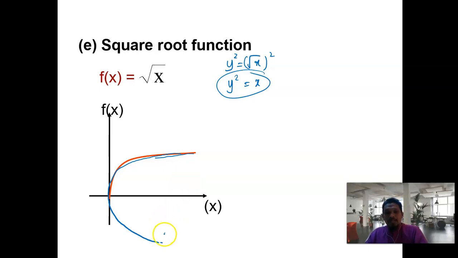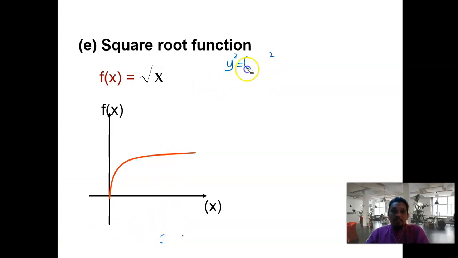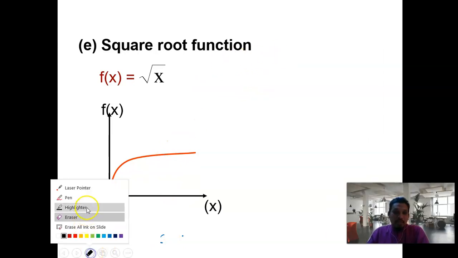This is the graph of x equal to y squared. But now we are talking about the square root function, and square root is just half of it, the graph of f(x) equal to square root of x.